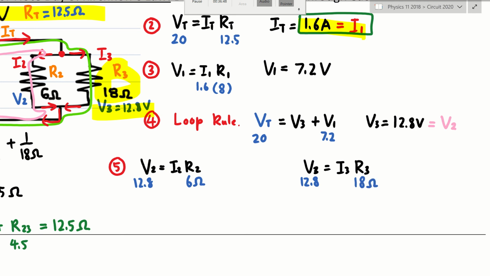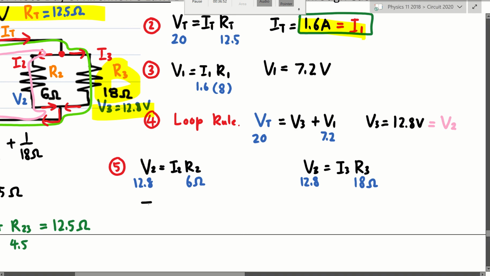Divide both sides by the resistance, voltage divided by resistance. I have I2 done. And I2 will be 1.2 amp. And I3 will work out to be 1.6 amp. Okay, so now they're all done.